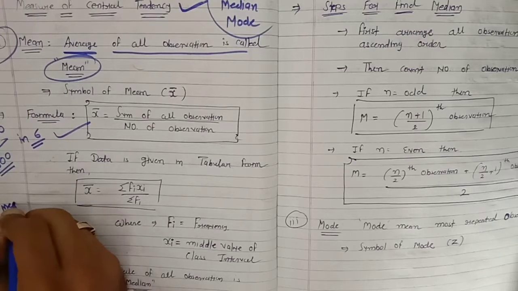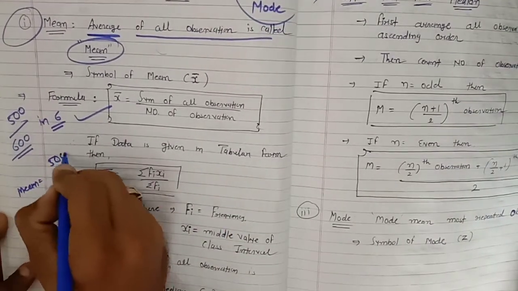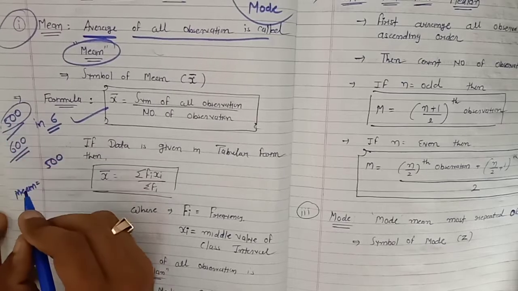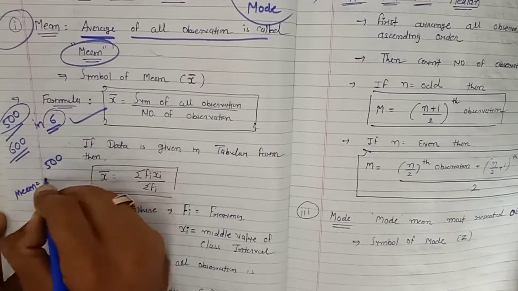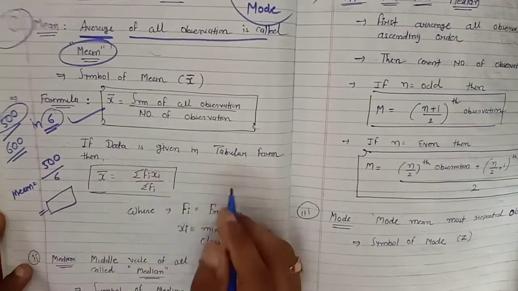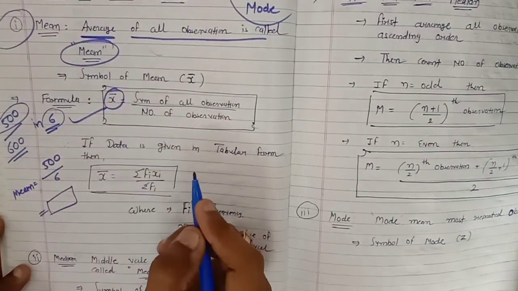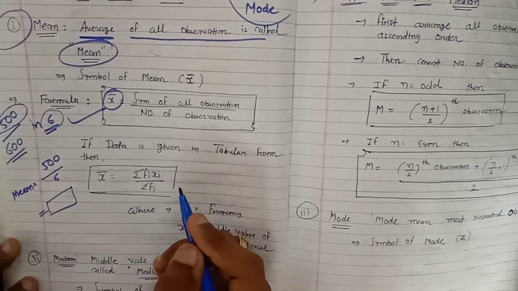Then mean is what? 500 is the sum of all observations, and the number of observations is 6. So 500 divided by 6, do the division, and this is the mean. And the symbol of mean is what? X bar. X bar is the symbol of mean.